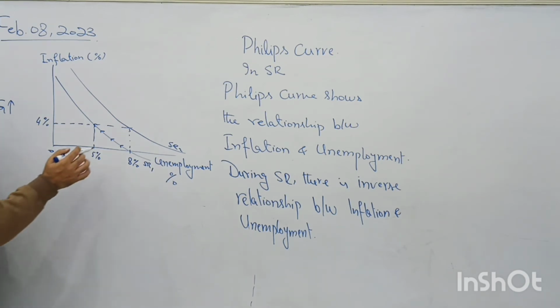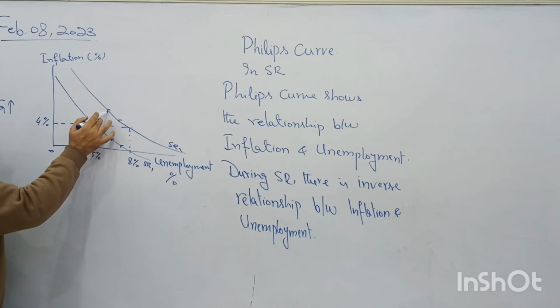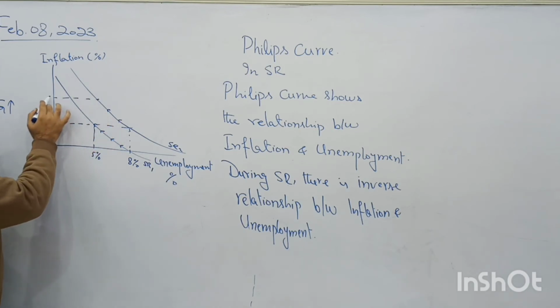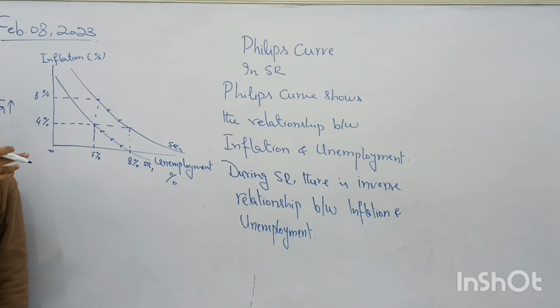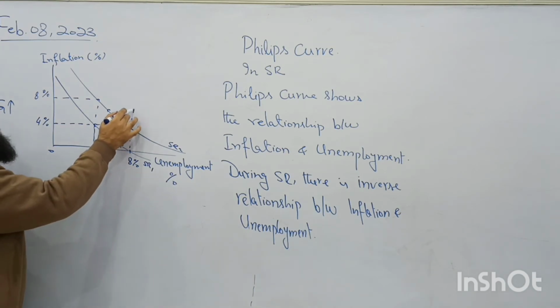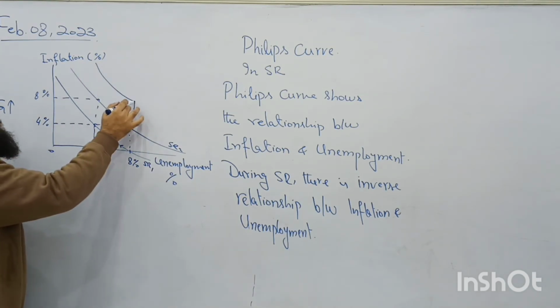Clear? So in the next year again government spending is increased. Now there is going to be 8% inflation. Government again tried to reduce this unemployment by increasing its spending. Again money supply will increase in the country. Again the Phillips curve will have a rightward shift.